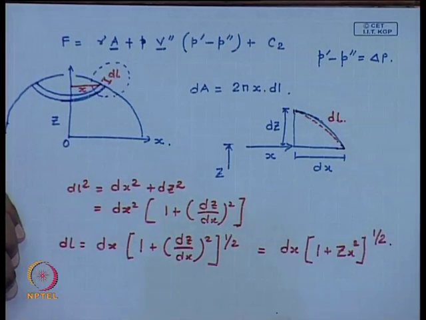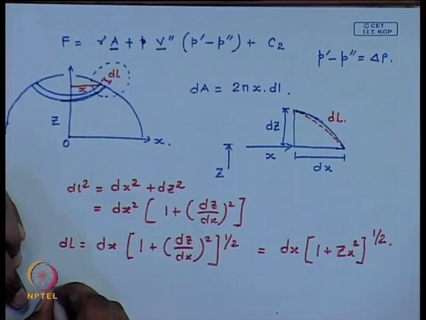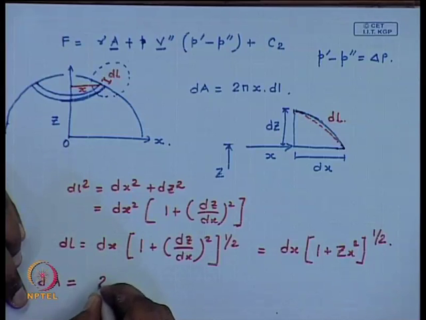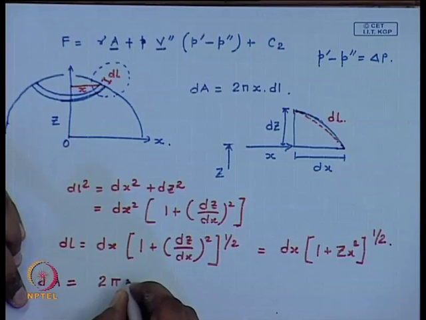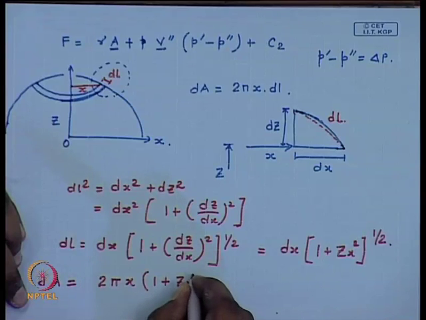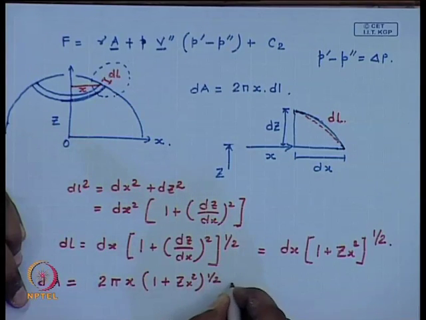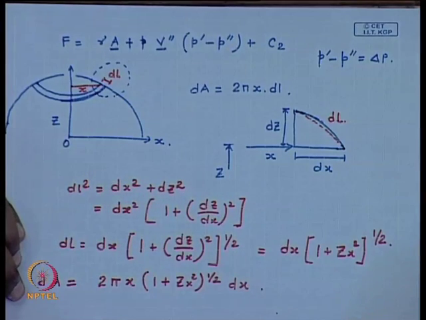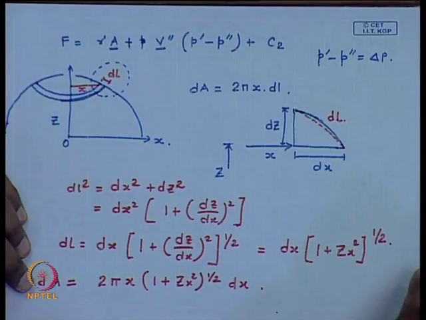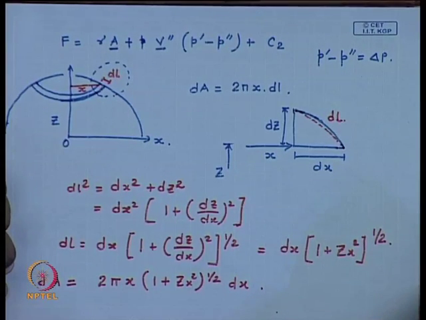Okay. Therefore, the area dA turns out to be 2 pi x into 1 plus x square half dx, and now if you look into it, the infinitesimal area dA is expressed in terms of one independent spatial variable dx.